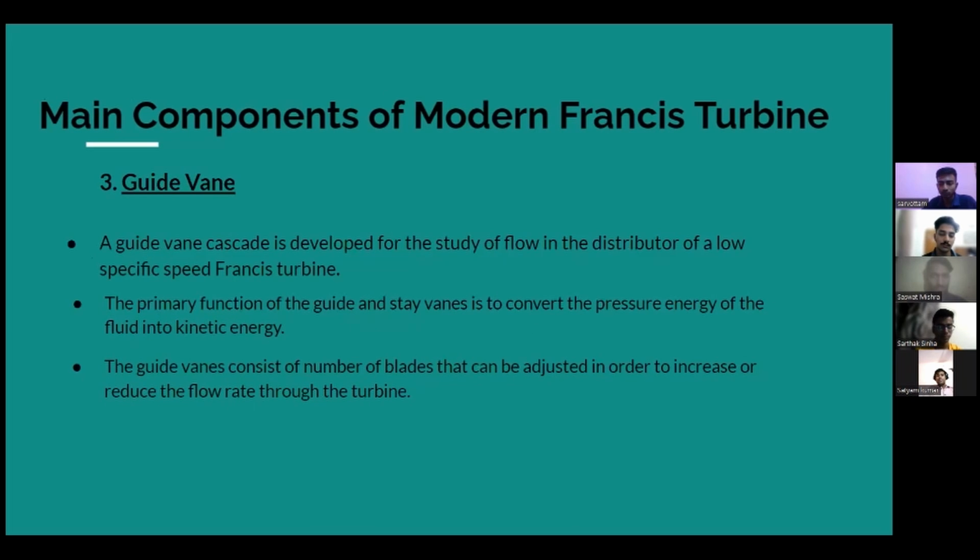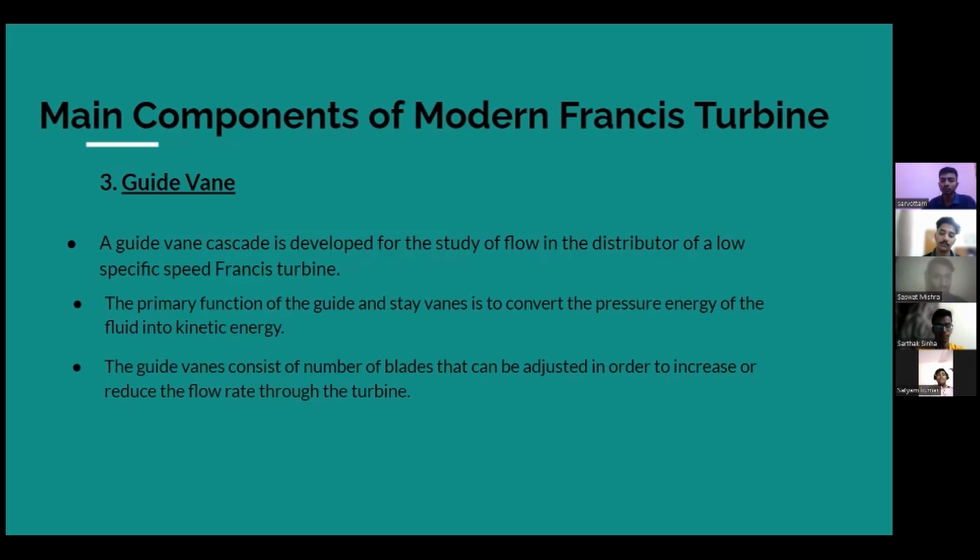The next is guide vanes. The primary function of guide vanes is to convert the pressure energy of the fluid into kinetic energy. It also serves to direct the flow at a design angle to the runner blades.